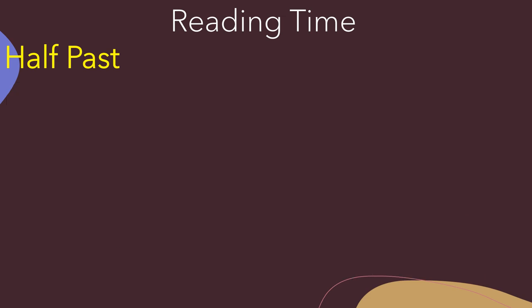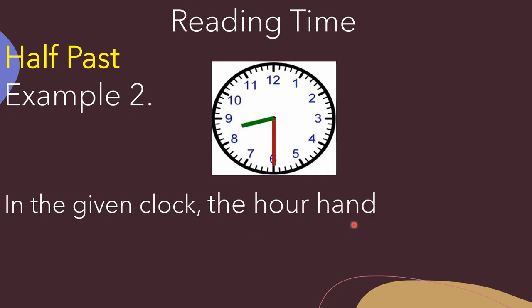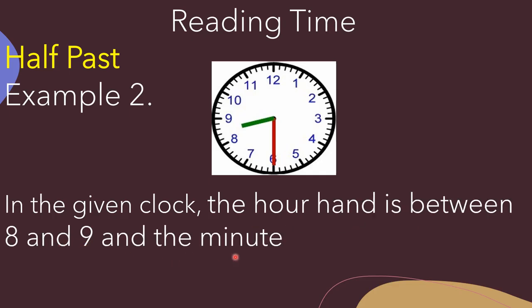Now example number 2. Here this clock is given and we can see that the minute hand is at 6 and the hour hand is between two consecutive numbers, that are 8 and 9. So here we will write like this: in the given clock, the hour hand is between 8 and 9 and the minute hand is at 6.